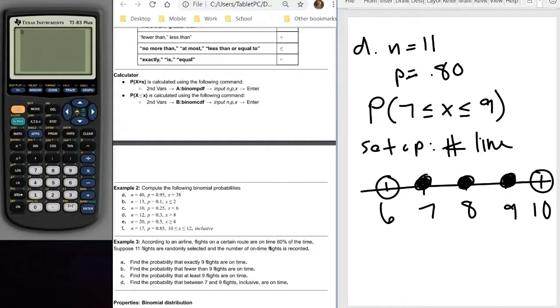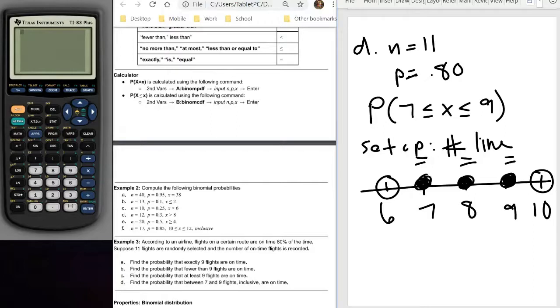So the way we'll break this problem down is in the following way. This number line says I can be equal to 7. This number line says I can equal 8. And this number line says I can equal 9.